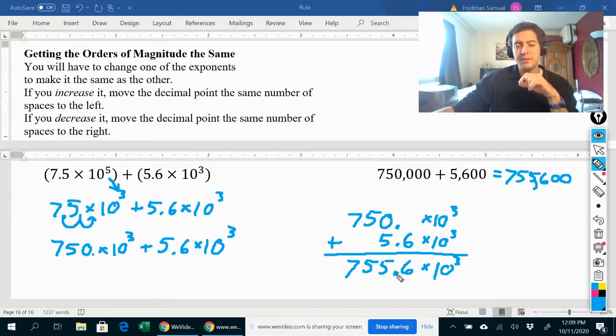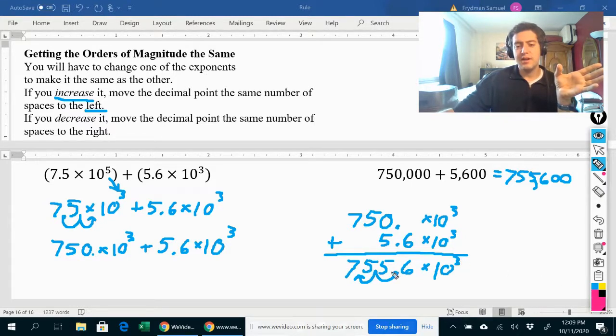So I want my decimal point to be over here. So I could count 2 spaces to the left. And then if I count it to the left, I'm going to increase the exponent by the same number. So since I counted 2 spaces to the left to get the decimal point where I wanted it, I could move this up by 2.